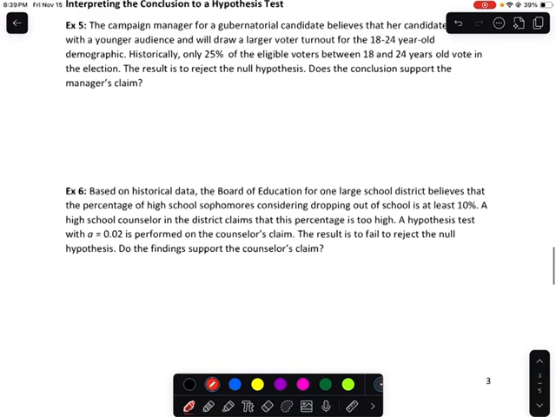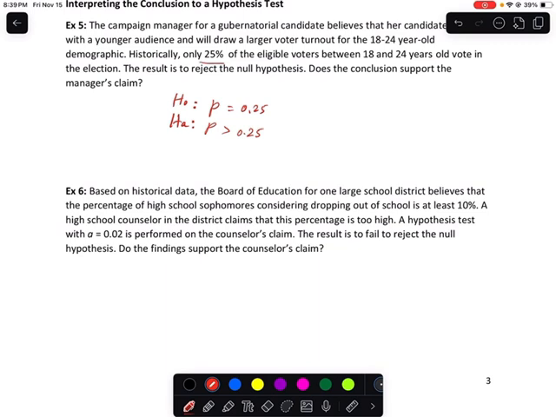So first, in order to answer this, we should know what our null hypothesis and what our alternative hypothesis are. The null hypothesis will be that the proportion P equals 0.25, and the campaign manager is claiming that P will be greater than 0.25, right?